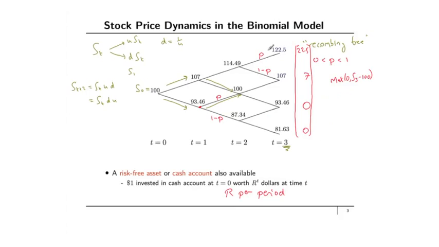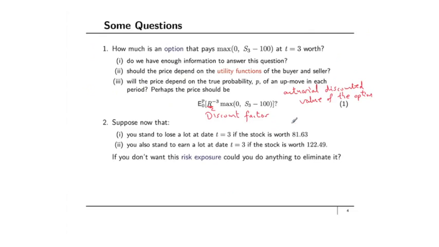In other words, if you're up here, so I've rounded the 0.49 to 1 decimal place, but if we're up here, we stand to make a lot of money, and if we're down here, we stand to lose a lot of money. So suppose you're in that situation. The question is, could you do something to eliminate this risk exposure? Is there some way to mitigate your risk, maybe even eliminate it? And we'll actually see that answering this question is effectively the same as answering this question, and we'll be coming to that in later modules as well.